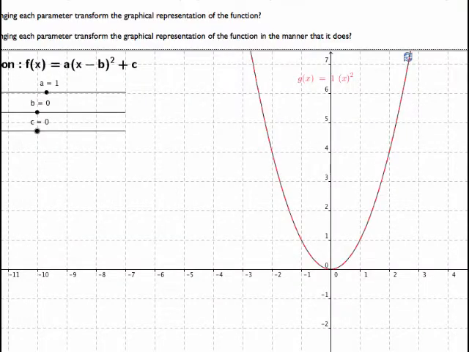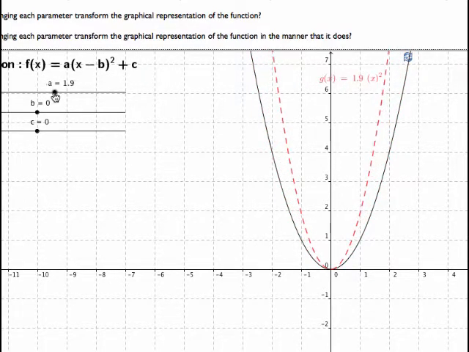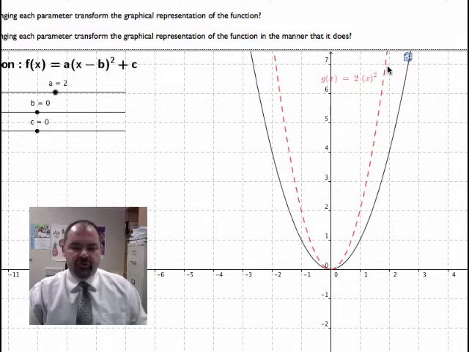So if I were to look at my animation and take my a value and change it to 2, my original graph x squared vertically stretches, because a is positive, by a factor of 2, which means each of the y values, see the original y value here of 1, it goes up twice as far to 2. The y value here of 4 goes up twice as far to 8. It's vertically expanded, stretched.